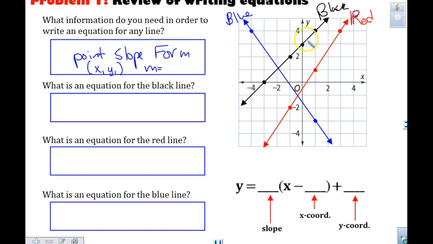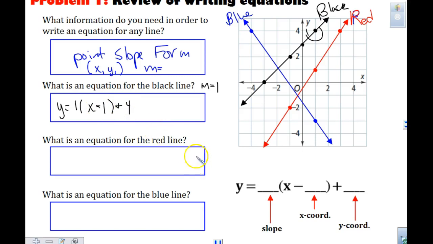We're going up 2 and over 2. So my slope for that line is 2 over 2, which is 1. Slope is 1. And if we wanted to use this point, I could write my equation as y equals, my slope, we said it was 1, parenthesis, x minus, where is our x-coordinate? Over at 1.